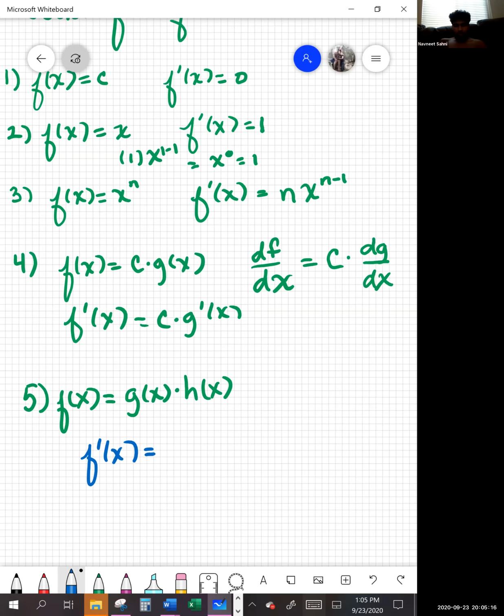Is it g of x times the derivative of h of x plus, or was it minus? I forgot if it was plus or minus. Anyone remember?